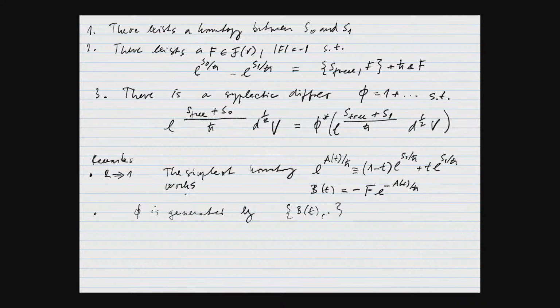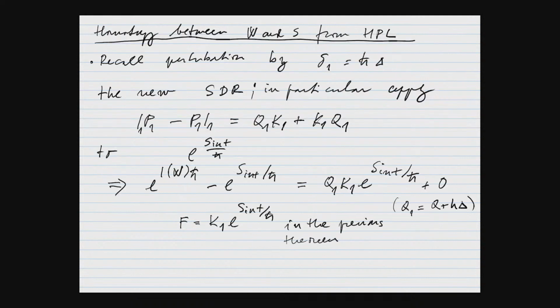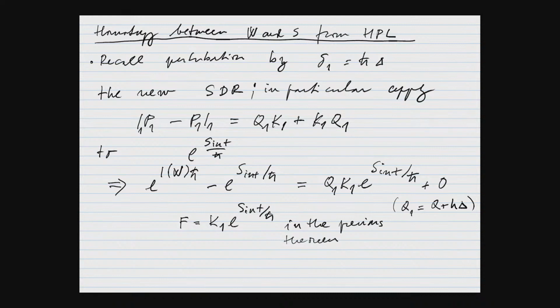From the homological perturbation lemma, you immediately get the second one, by applying the new special deformation retract you obtained from the perturbation lemma. It gives you the second statement, that the difference between the exponential of the effective action, or the S matrix, and the original one is exact.